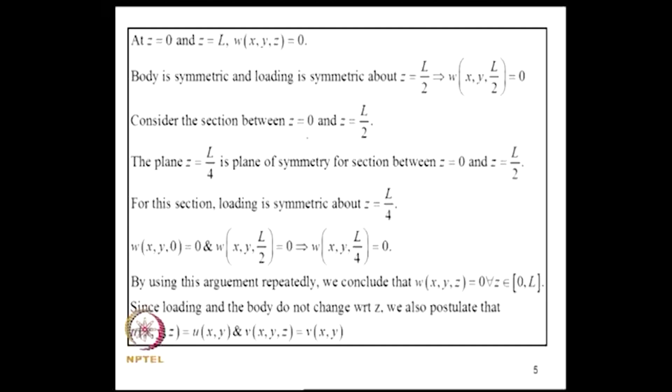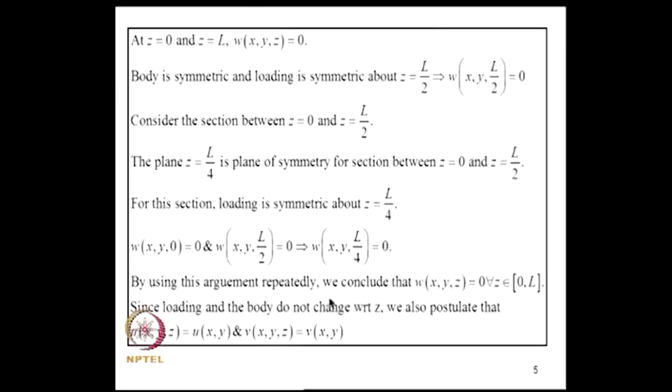Now, if you consider the section between z equal to 0 and L by 2, and we consider the plane z equal to L by 4, this will be again a plane of symmetry for the section between z equal to 0 and z equal to L by 2. For this section again loading is symmetric about z equal to L by 4, the object is prismatic and displacements are 0 at the two ends, and again by virtue of symmetry we get at z equal to L by 4, w must be 0.